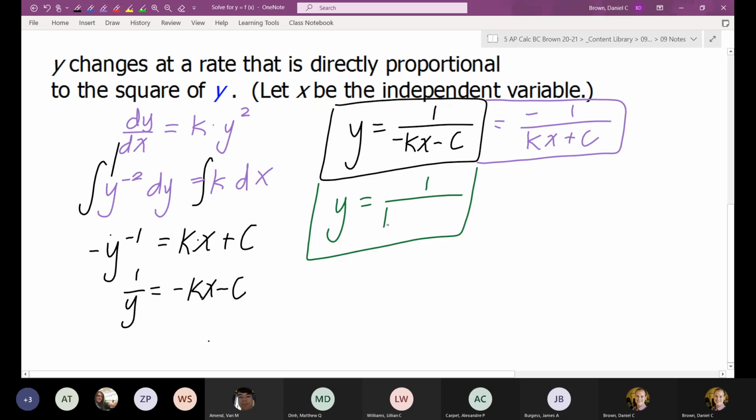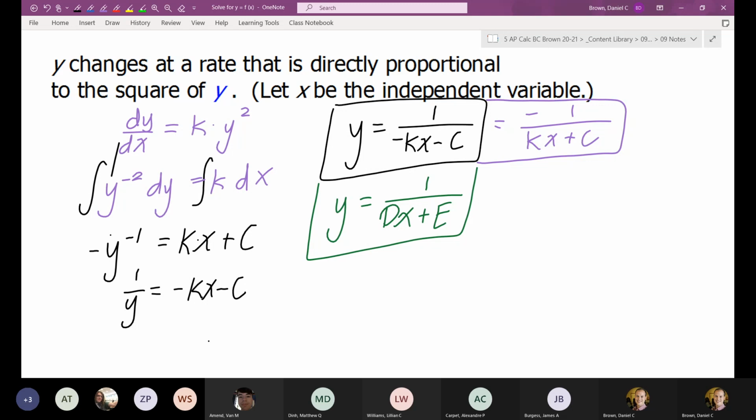I'll do D, so Dx. Same thing here. What's negative C? If C is a constant, negative C is also a constant. Let's rename it, and I'll name it E. Technically, all 3 of those, the one I have in the black ink, the purple ink, and the green ink, all 3 of those solve that differential equation.